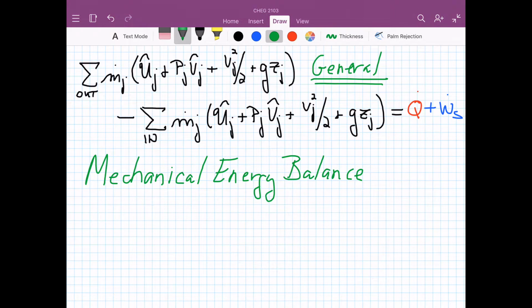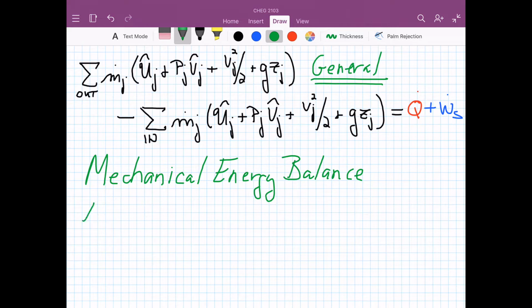And this is useful for things like fluid flow in and out of tanks, for pump systems, for frictional losses, for things where we're moving fluids around and the mechanical forces on them are going to dominate versus the thermal processes. So in general, I can look at writing this equation in terms of deltas.